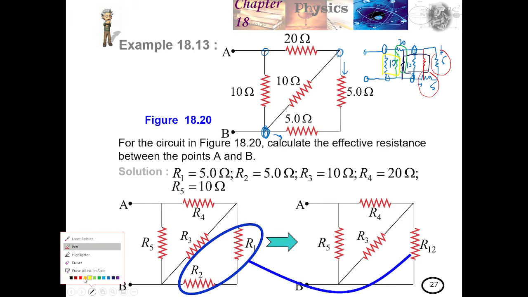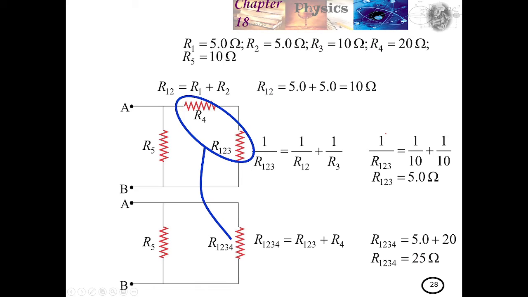The solution is R1 plus R2, and then you have R12, and then R4 plus R123, then you have 5 ohm, and then R5 plus back with R1, 2, 3, 4, so you have a total of 25.